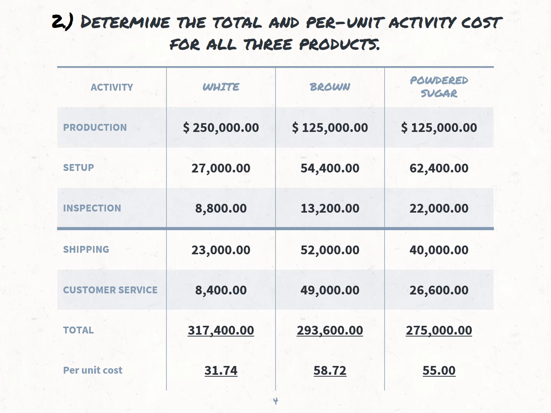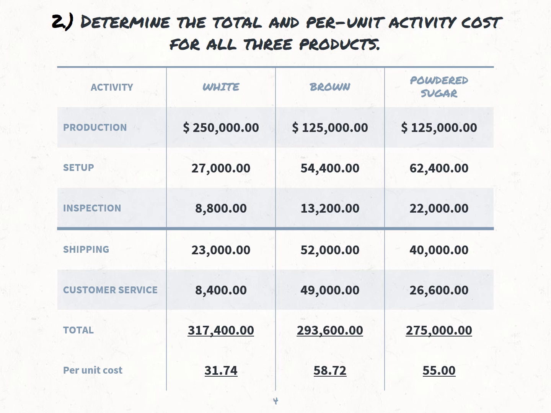We can now total for each product. For white, we have a total of 370,400. For brown, 293,600, and powdered sugar 275,000. We can now compute the per unit cost by dividing the total activity cost by the units produced.